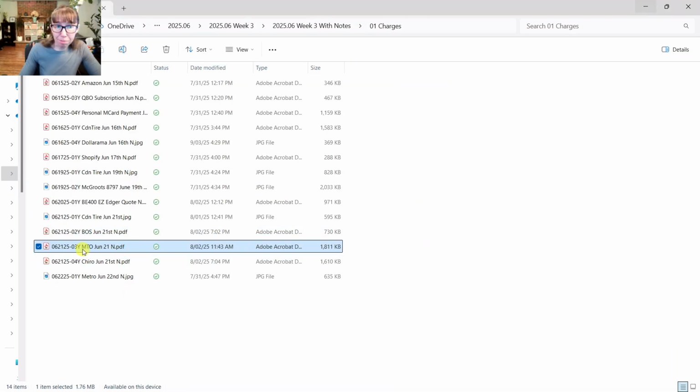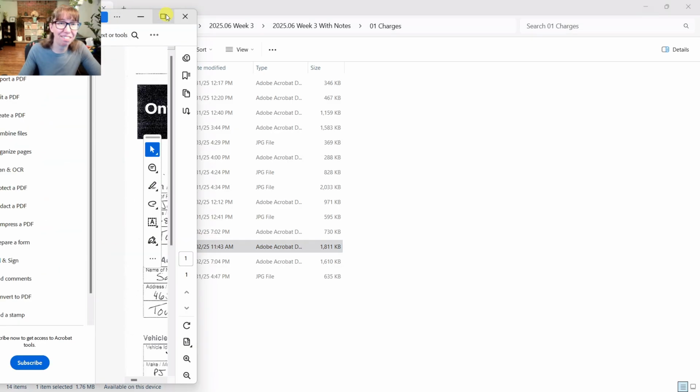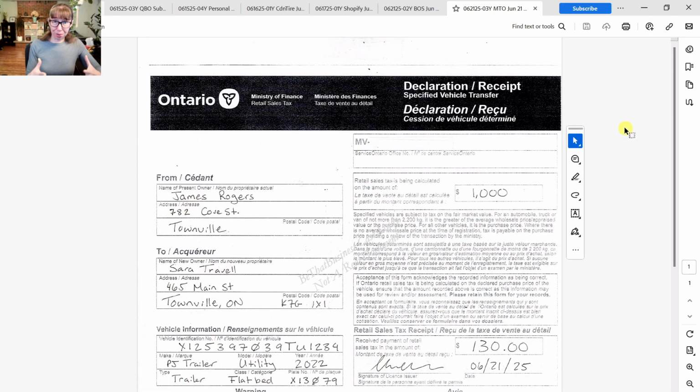Next, we have MTO, interestingly enough. So here in Ontario, if you buy a vehicle privately, you still have to pay the sales tax, okay? And you do this when you go to the MTO to register the purchase of that vehicle or trailer, as you can see.